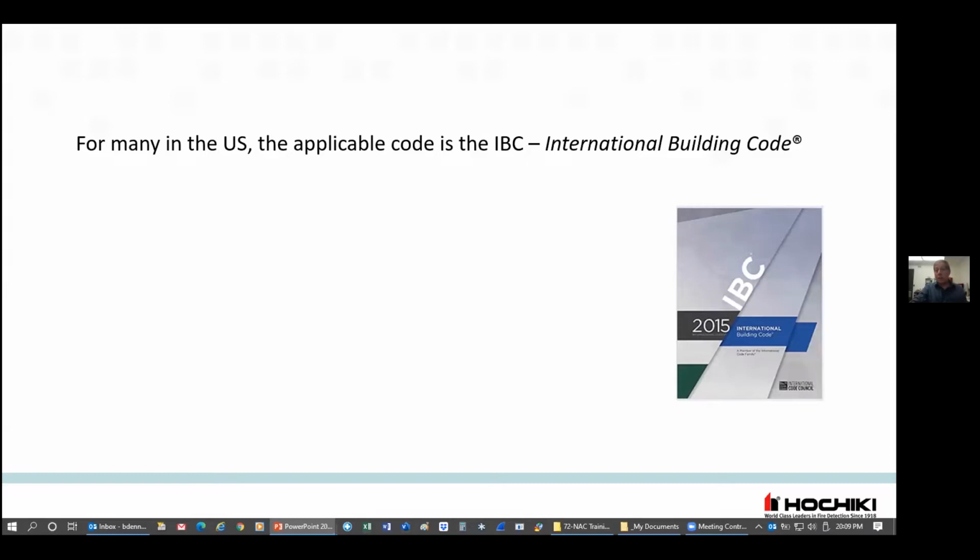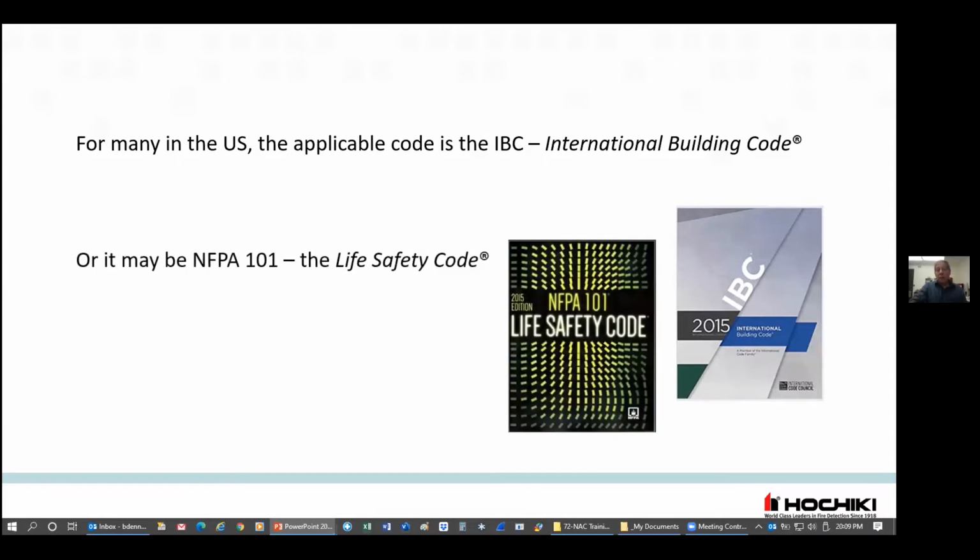Much of the United States comes under the International Building Code. In other places or applications, it might be NFPA 101, which is the Life Safety Code. These codes will tell us when a fire alarm system needs to be installed, depending on the type of building, the way the building is to be used, the occupancy type of the building.